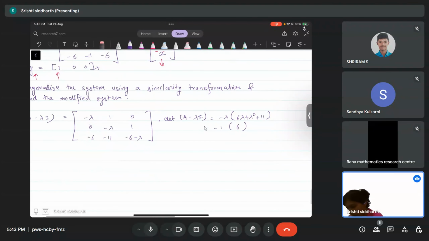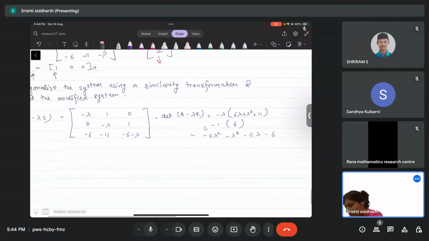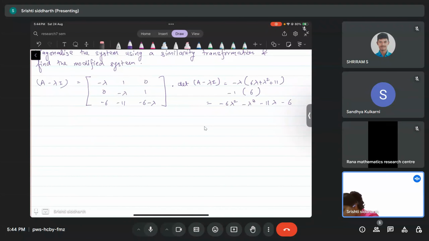So let me know if any of the computations are incorrect. So this becomes minus 6 lambda square minus lambda cubed minus 11 lambda minus 6. So we have this characteristic equation then: lambda cube plus 6 lambda square plus 11 lambda plus 6 equals 0.